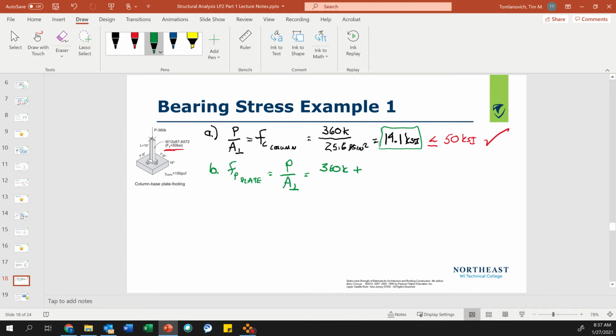Okay, so if you go into your textbooks, there is a chart in here somewhere in chapter 5 that gives you unit weights of materials. All right, that's not it. It's here somewhere. There it is.